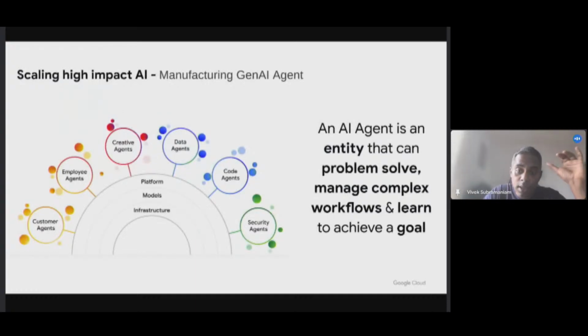What is an agent, you ask? Very simply, think of it as an entity that can solve complex problems and manage complex workflows to achieve a certain goal. A goal here could be improvement of OEE, or improvement of OTD, and so on. You get the picture.